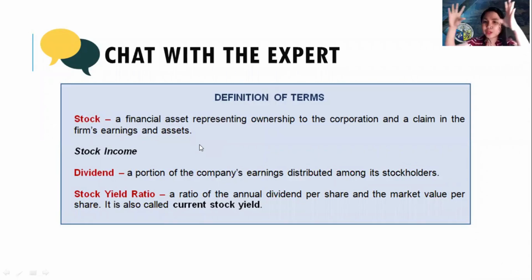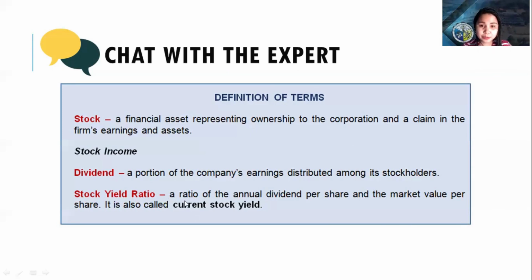If the company will earn 1 million pesos, then that 1 million pesos will be divided to all the number of shares the company has. So if the company has 1 million and there are 1 million shares, that's 1 peso per share. And if you own 100,000 shares, then you will earn 100,000 for your dividend.